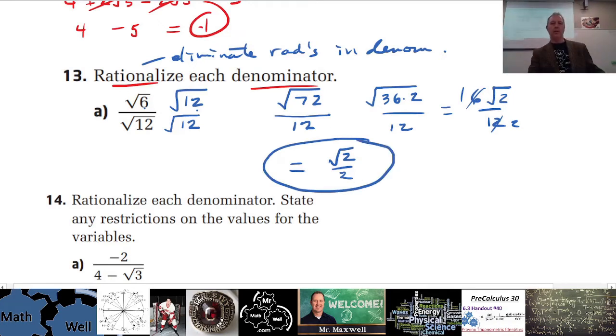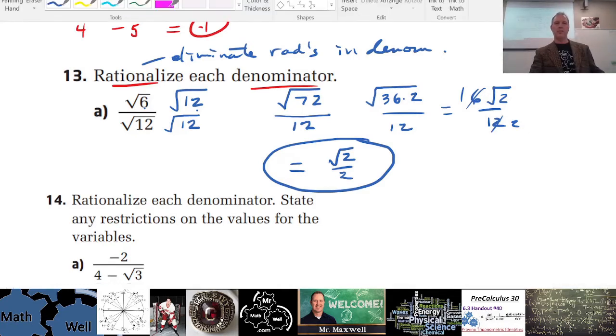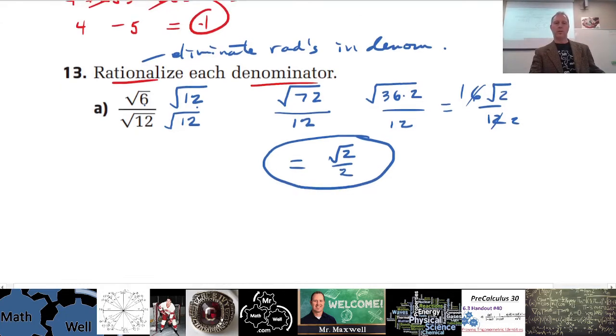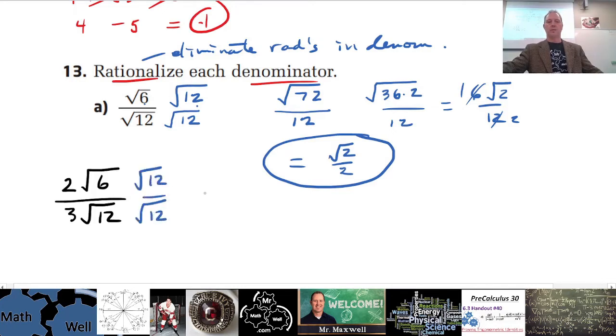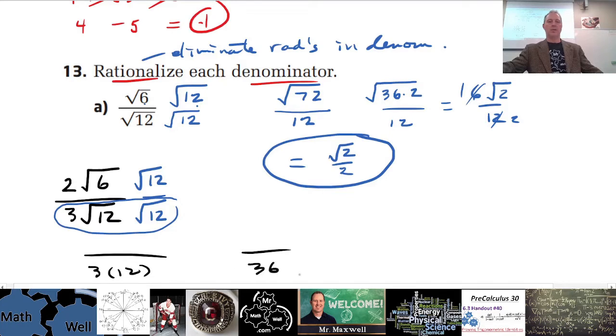And yeah, the other example, I'll just do a quick one here to follow up with this. Like I mentioned, if you have something like 2 root 6 over 3 root 12, let's say. In order to rationalize the denominator here, you wouldn't need to multiply by 3 root 12, just the root 12 part. That will be fine, because when you multiply these two together on the bottom, you're going to get 3 times 12, so you're going to get rid of your radical there.